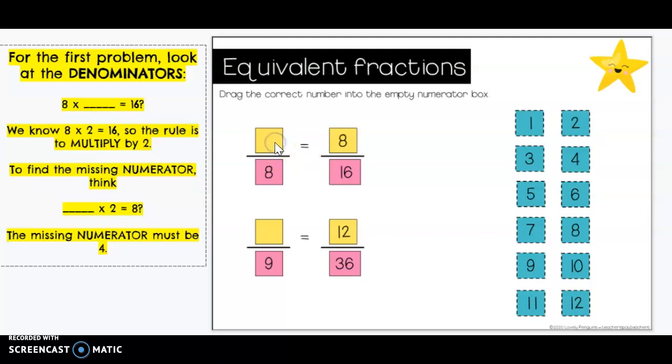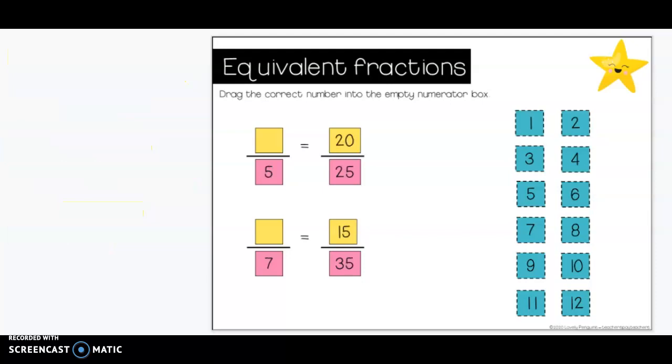To find this missing numerator box here, I have to think what times 2, because I know my rule is times 2, so what times 2 equals 8? Well, I know 4 times 2 is 8. So in these problems, you're kind of thinking in reverse or backwards, and you'll do that same thing for the bottom slide here, and for slides 9 and 10.